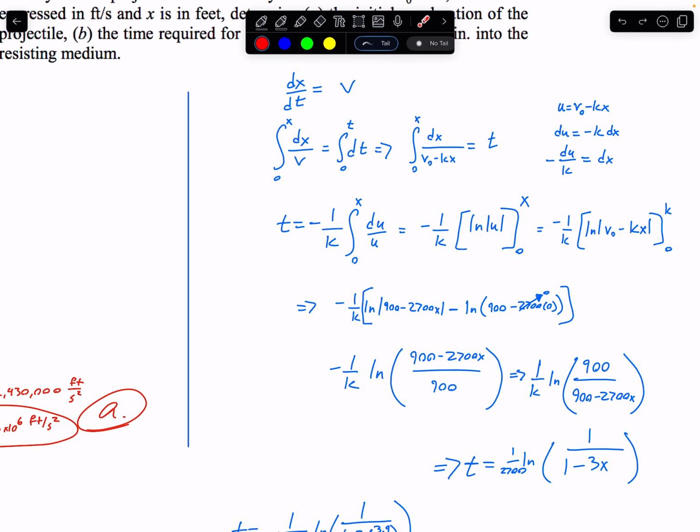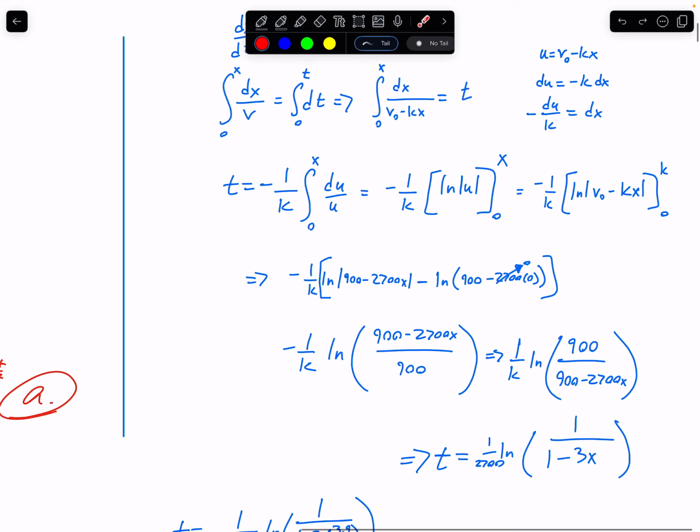So we get t, and this is fairly simple, but you can do a u substitution here. You get t is equal to minus 1 over k times the integral of du over u, and then this is where I sub the u value back in, because I just didn't transform the limits of the u part.